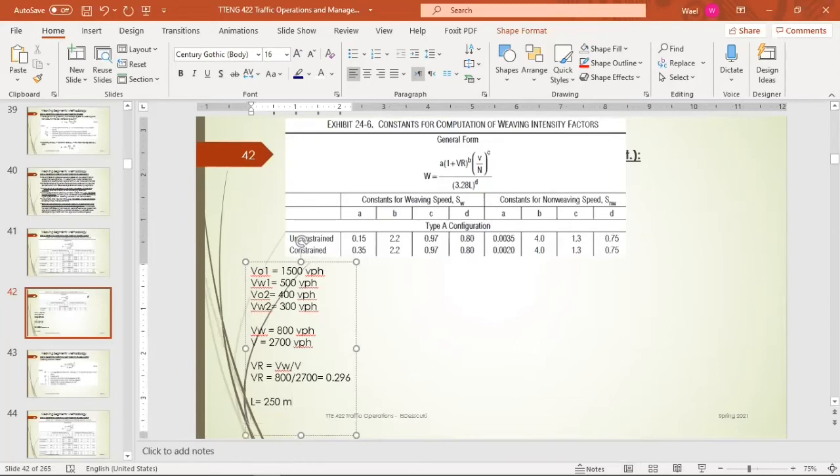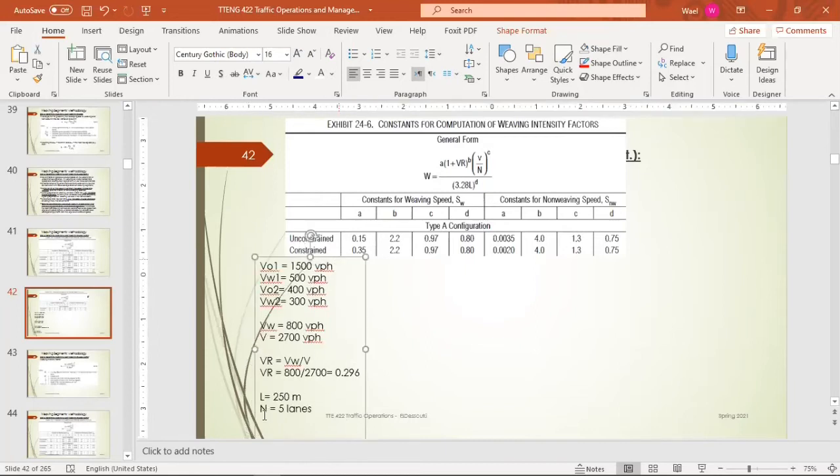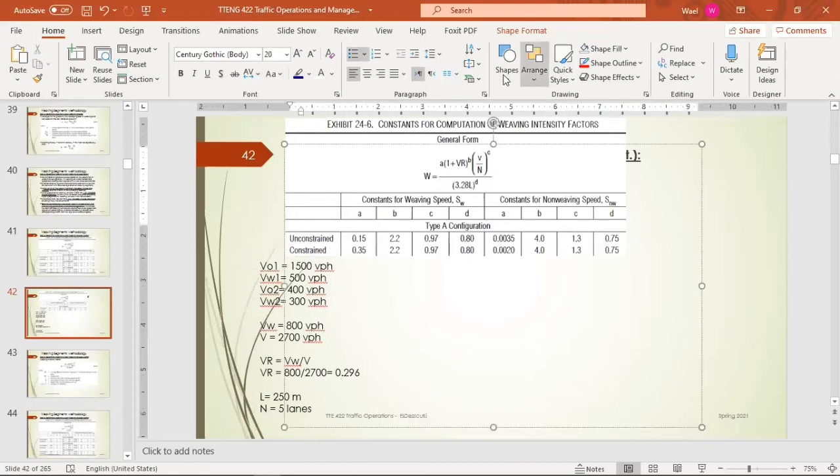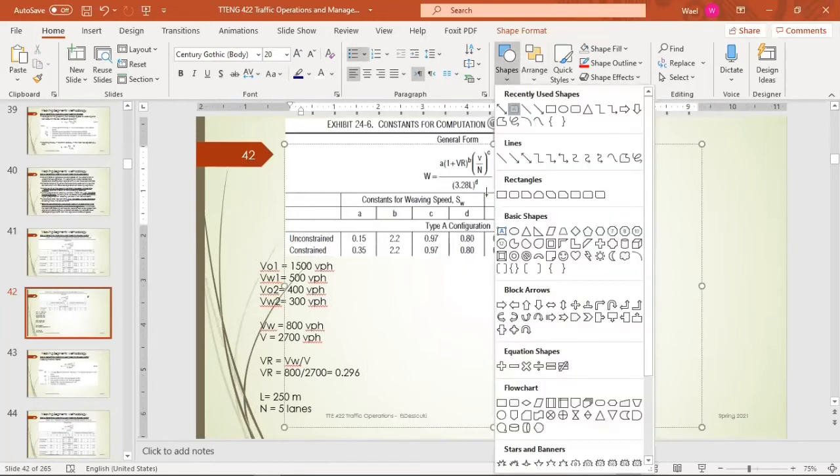We have N equal 5 lanes. We also have VR already. Then let's calculate the weaving intensity.